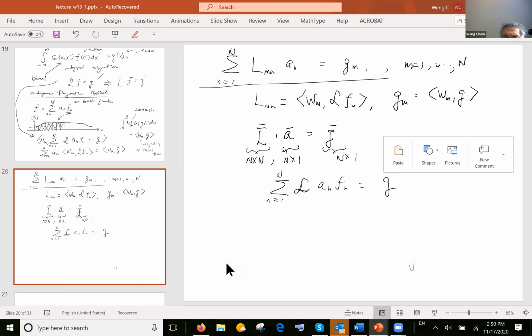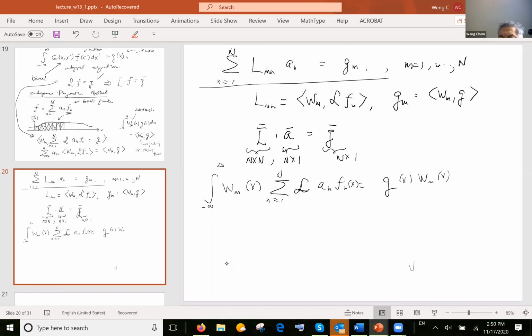I can actually say that I can put in x here. I want to multiply them by x and then integrate. I'm actually forcing these equations to be equal to each other over the domain of the weighting function, the places where the weighting functions are not zero.